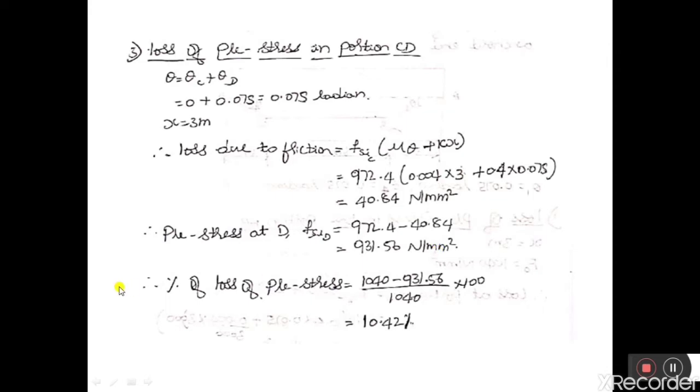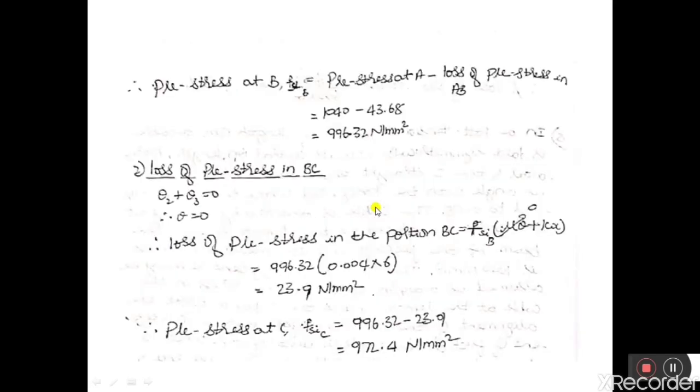Therefore, percentage loss of pre-stress in the cable is equal to 1040, the initial pre-stress, minus 931.56. So 931.56 is the initial stress which is available at the other end. So there is a loss of 40 plus 23.9 plus 43.68.